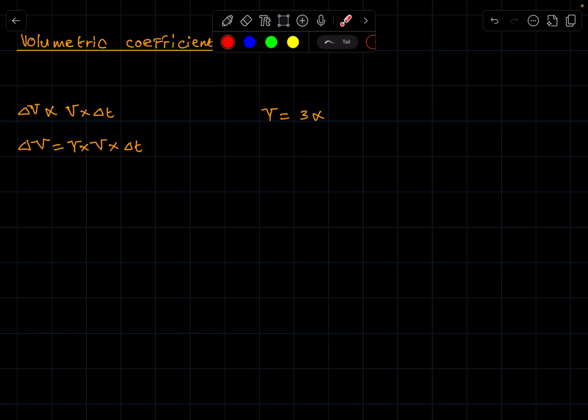To get the formula, we replace the proportionality sign with an equal to sign by introducing this constant gamma. So the formula is: change in volume is equal to gamma, the volumetric coefficient of expansion, times the original volume times the change in temperature.